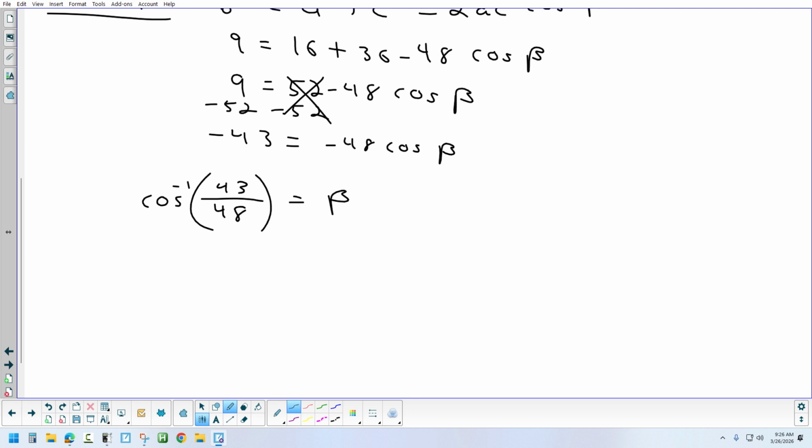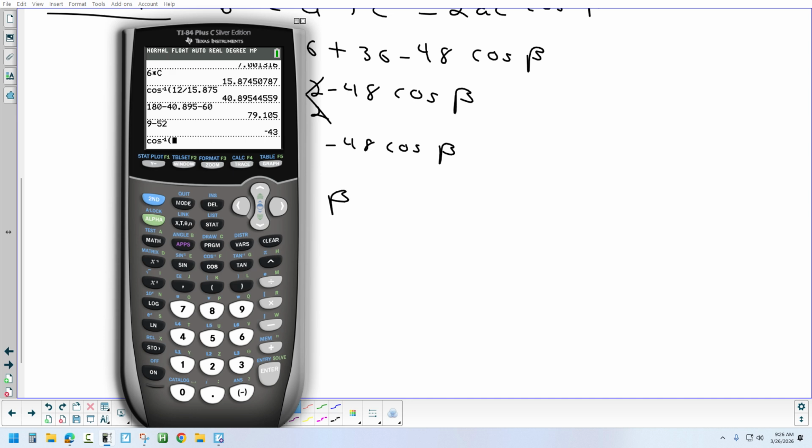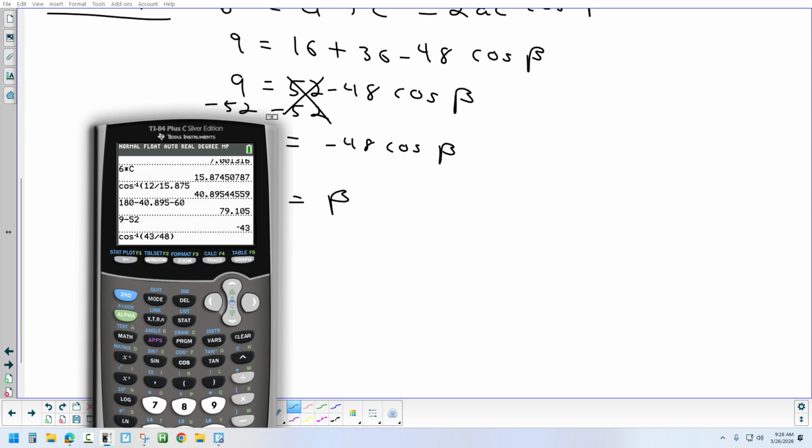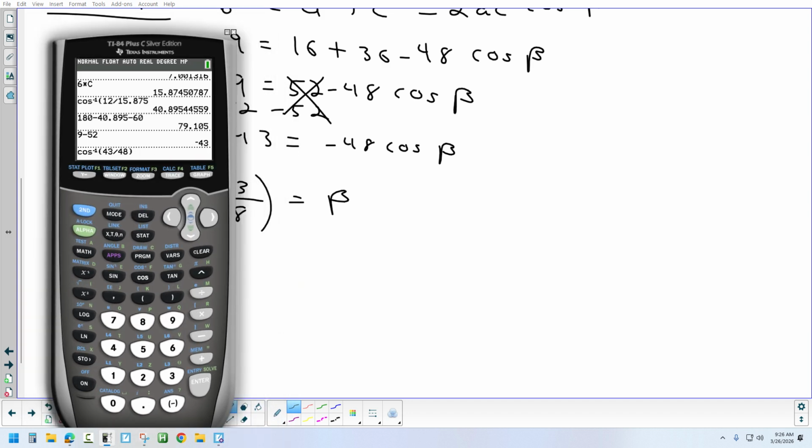Okay, so let's find what that comes out to. Inverse cosine of 43 over 48. Up until this point, there's been no rounding. So I know that is as exact as I can be. Now I'll round it. I'm never going to need to use this number again, so I don't need to save it. I'm going to write it down, but I don't need it again.